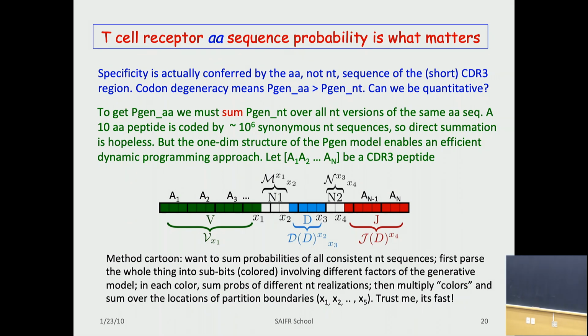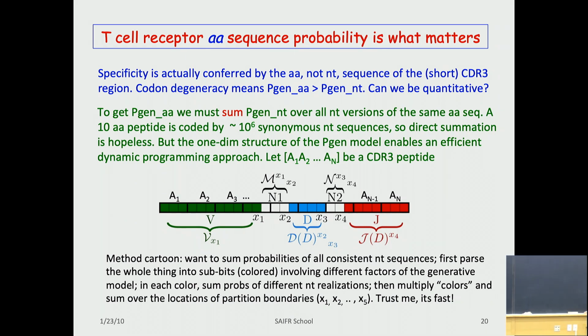Okay, so there's a technical problem. If you want to know a different number, not what's the probability of generating a nucleotide sequence, but what's the probability of generating an amino acid sequence, you have to perform another level of computation or analysis or cleverness.